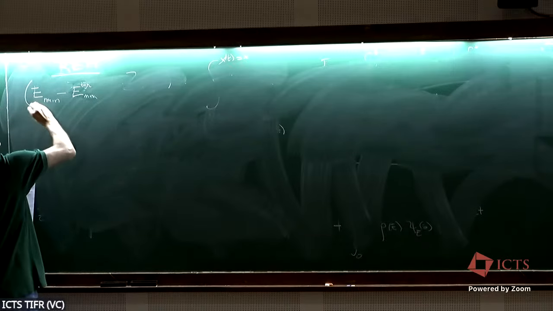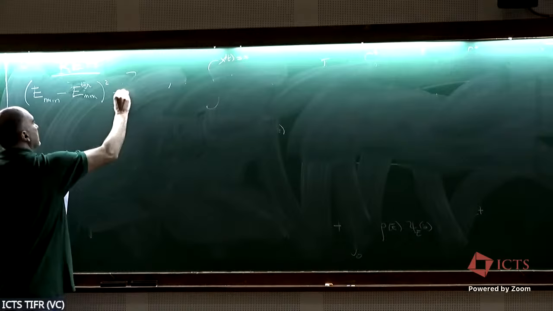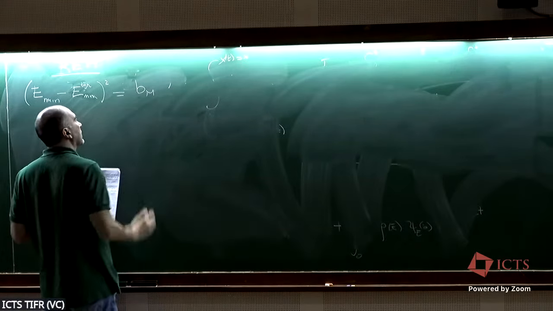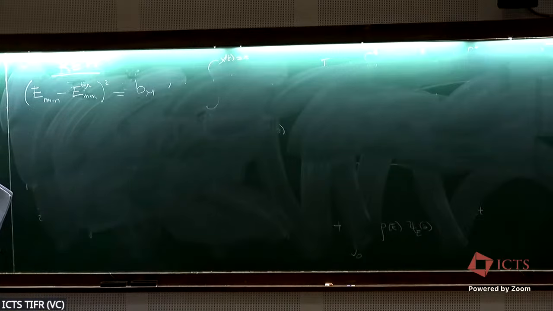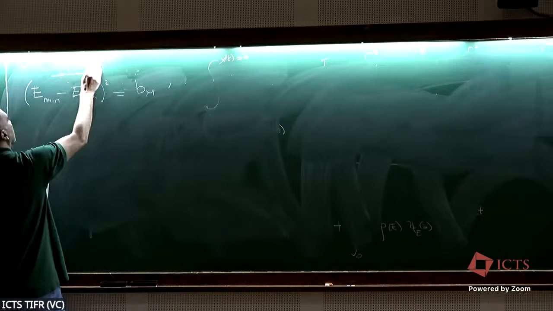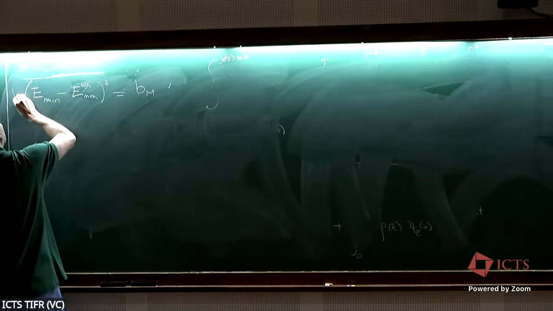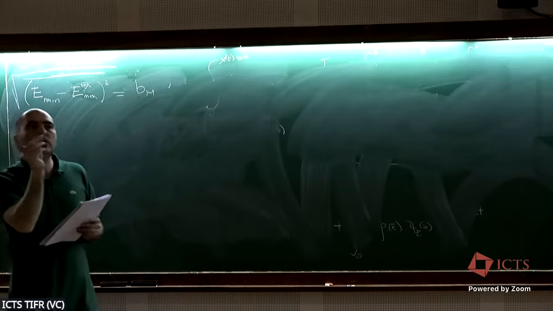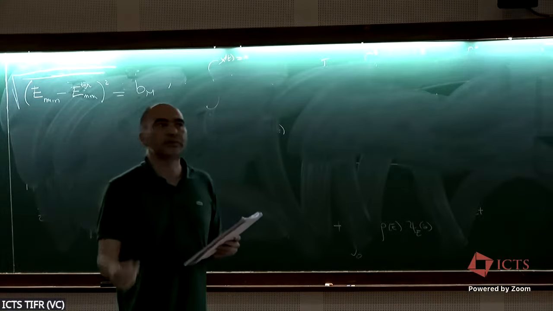You look at this, what you have is some B_M. I call this, let me do it correctly, like this, and then take the square root. This is B_M. So B_M gives you the size of the fluctuation of the minimum.